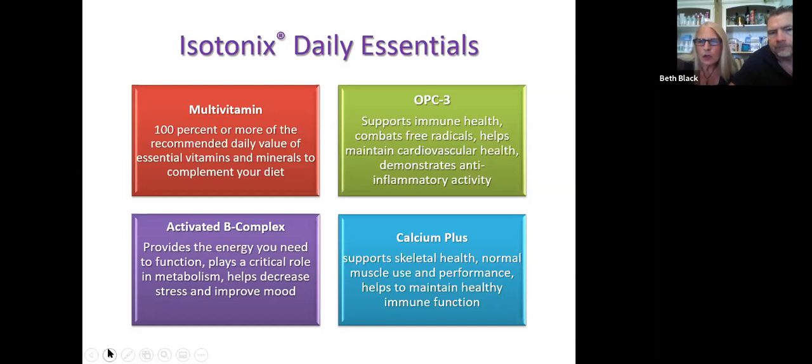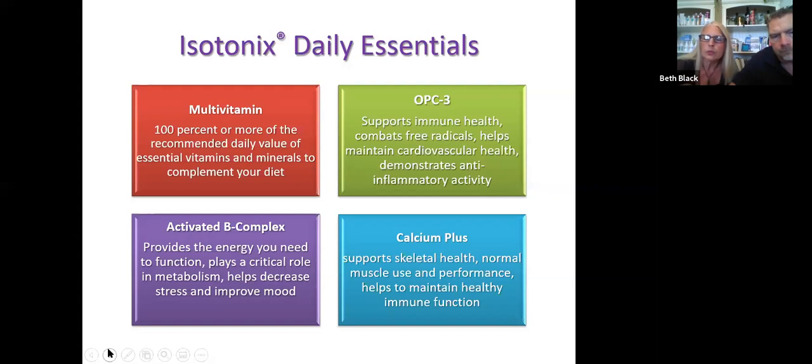I think most of us already know the importance of a multivitamin. Even the Journal of the American Medical Association recommends that it would be prudent for everyone to take a good quality multivitamin. That's been recommended many times because, again, our entire food system is mineral deficient, as we talked about at the beginning.